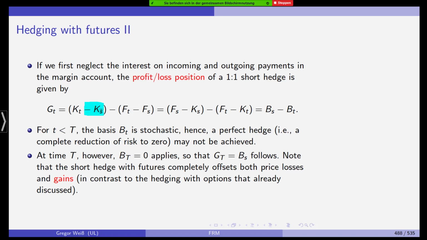At point T, we can sell this spot position, so we get K_T. So K_T minus K_S is the profit or the loss from the underlying investment. And correspondingly, we have gone short in the future. So actually, we've received F_S.